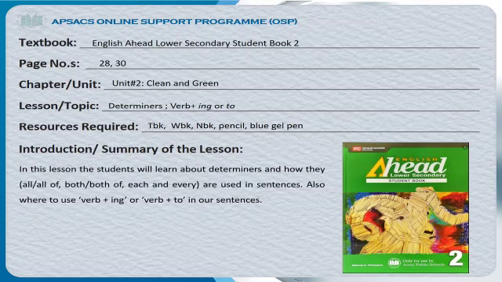In this lesson, the students will learn about determiners and how they, that is all of, both of, each and every, are used in their sentences. And also they will be able to learn where to use verb plus ing or verb plus to in their sentences.